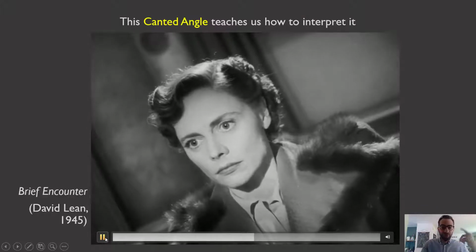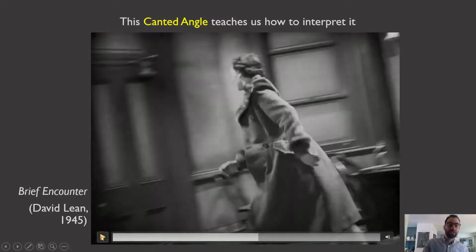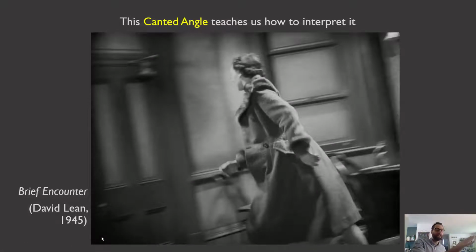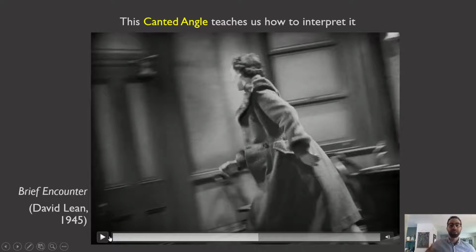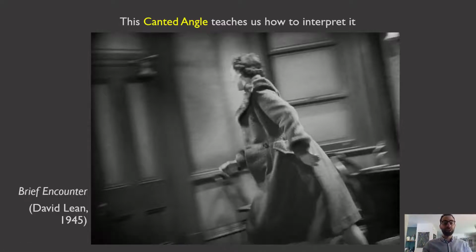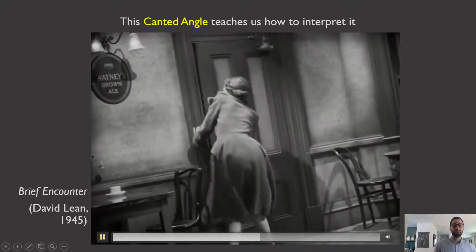And at a certain moment, she gets up and interestingly moves toward the direction that the canted angle is almost pushing her towards, right? It's almost as if the camera has created a gravitational pull on the left side of the frame, and she's moving toward that gravitational pull, as if there's an element of something that she cannot control in this moment.